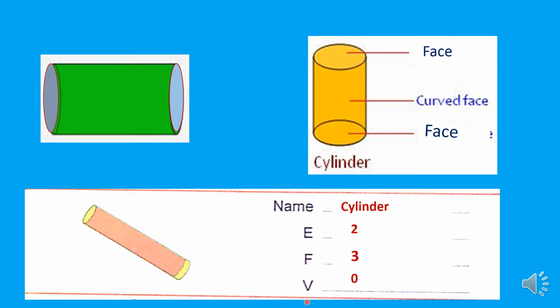That's why vertices are 0 for the cylinder. Now see, name cylinder, edges 1, 2, faces 1, 2, 3, vertices 0, because curved edges are there but they are not meeting, so 0 vertices. Did you understand, children, what I'm saying?